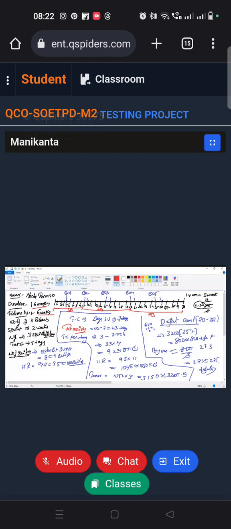Yes, Ramakala, if you calculate like that, you'll get it like this itself. If you divide it, yes, correct. Yamuna, they are not going to ask this question.